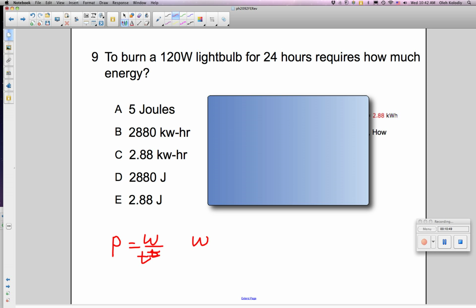Okay, and the answer, converting it to kilowatt hours, is 2.88 kilowatt hours. You know, you're charged at 12 cents per kilowatt hour. It'll cost you 35 cents or so.